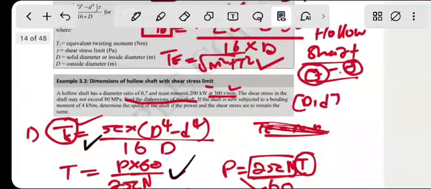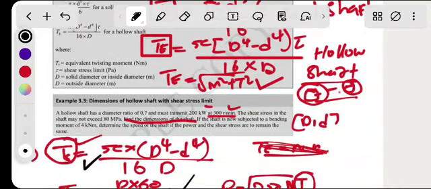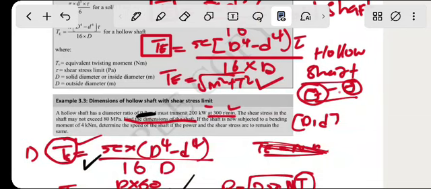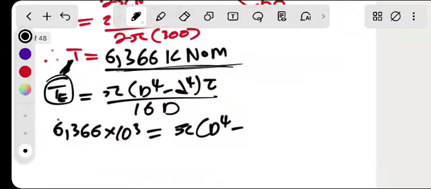They say the hollow shaft has a ratio of 0.7.